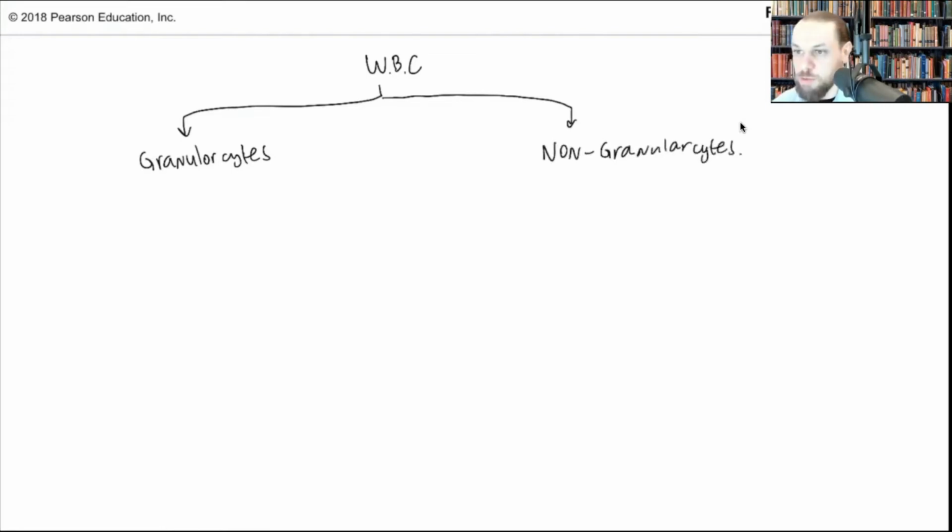So what are these granules? The granules are inherent to the specific cells we're talking about. So the granulocytes specifically that I am referring to are the neutrophils, the eosinophils, and then we have the basophils.